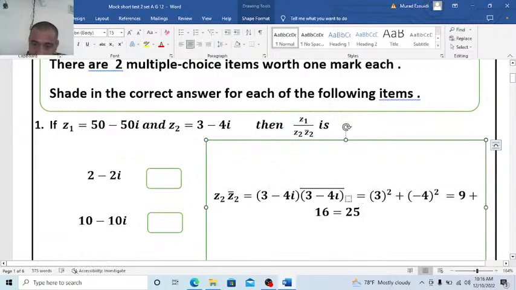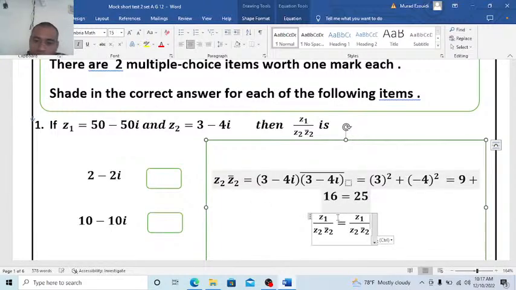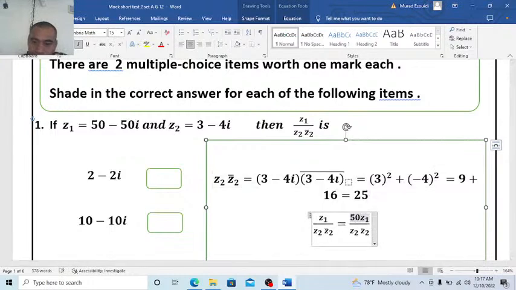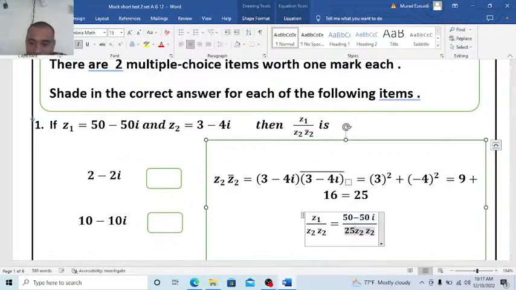Therefore I will write like that. Z1 is 50 minus 50i, divided by the product, which we said is 25.